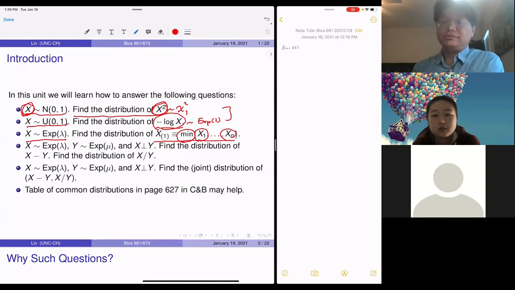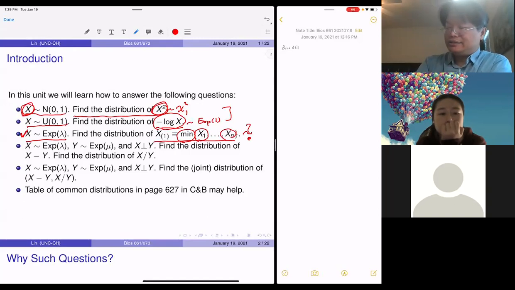As long as there's a transformation and the original distribution, then you need to derive what this guy follows. Not as straightforward as these two guys right here. But after this class, you should know how to derive the distribution of the minimum order statistic.